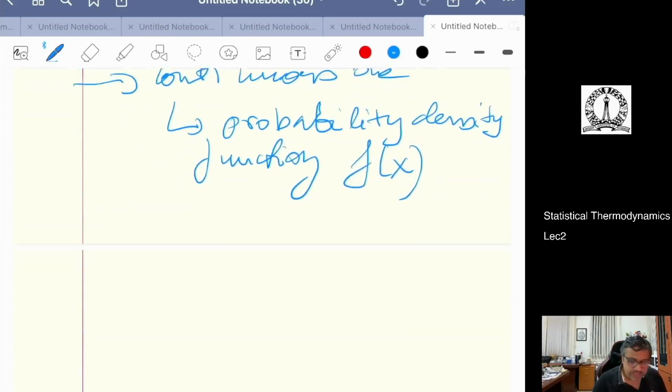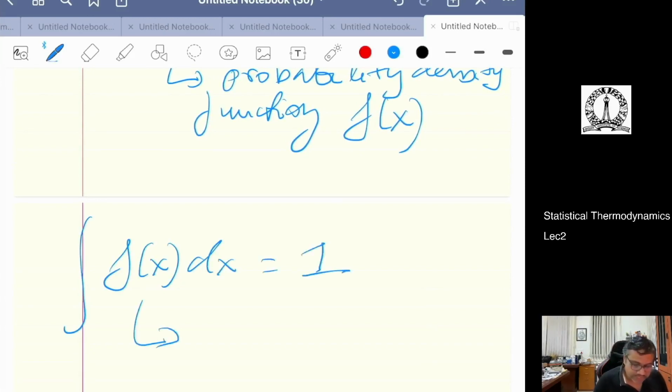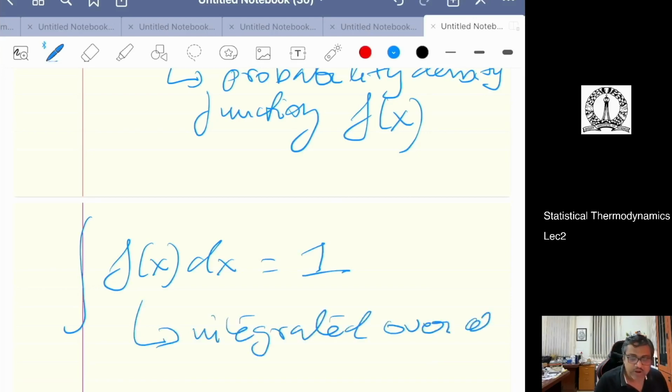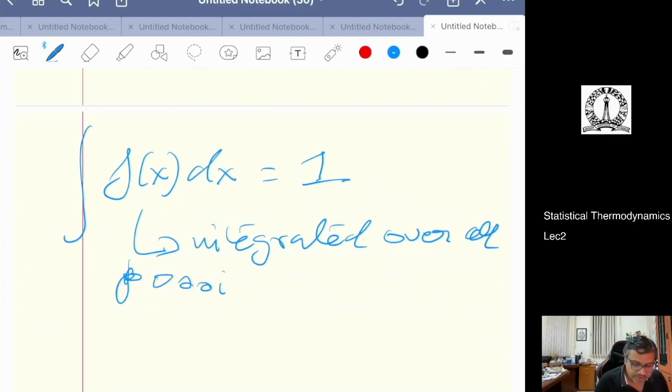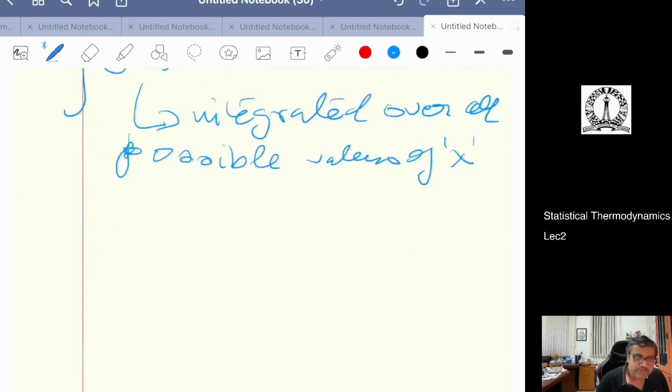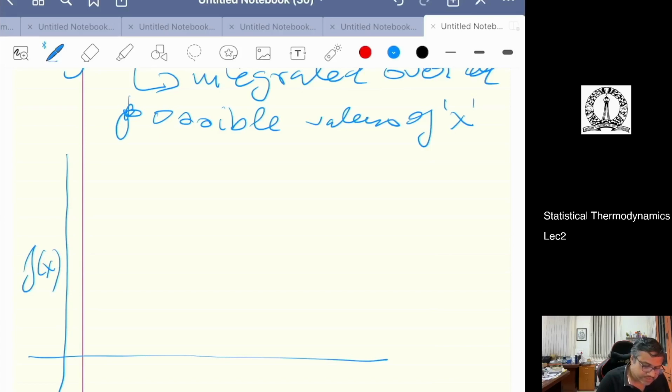f(x). Okay. So of course the probability density function has to obey the fact that the integral of f(x) dx is equal to 1. Right. So this is integrated over all possible values of x. If we just plot it, you'll find that this is f(x).